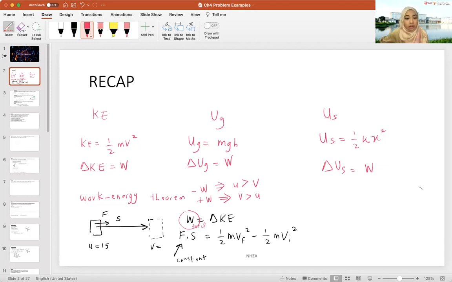So if you have a lot of forces acting on this system, you need to find out what is the net, what is the total, what is acting in this motion punya direction, what is parallel to the motion ataupun displacement. And then you find out what is the net, and then you equate that to the change in kinetic energy, net. Very important word here, net. So this is your equation. Okay, so what else?